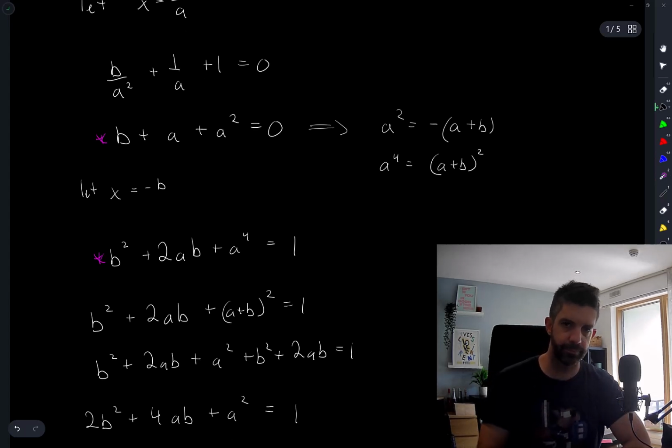So the difficulty is, okay, let's take this first equation, b plus a squared is equal to 0, and solve for a in terms of b.